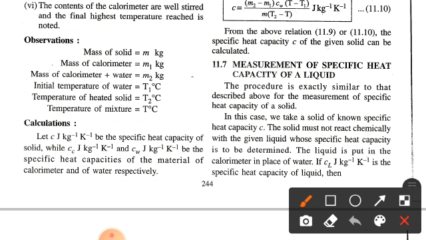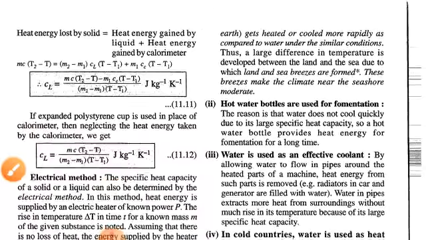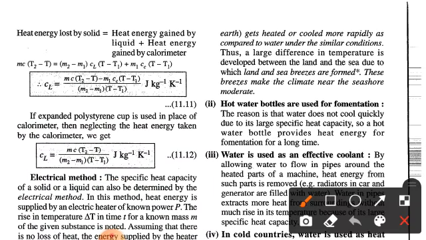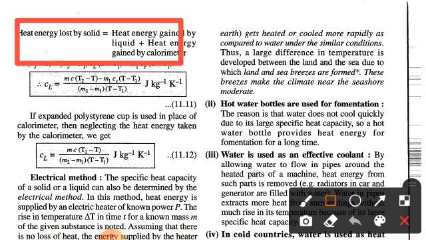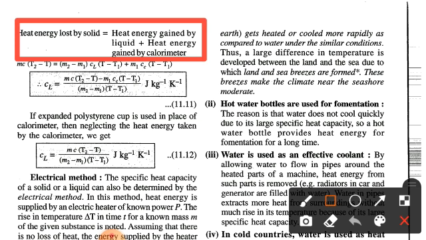The liquid is put in the calorimeter in place of water. If Cl joule per kg per Kelvin is the specific heat capacity of the liquid, then heat energy lost by solid is equal to how much? Heat energy gained by liquid plus heat energy gained by the calorimeter. This is the principle of calorimetry we have already discussed.